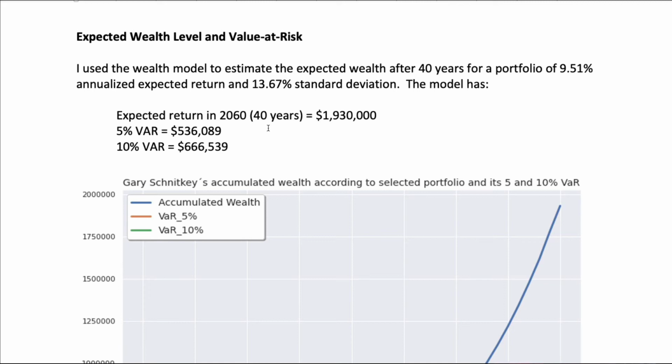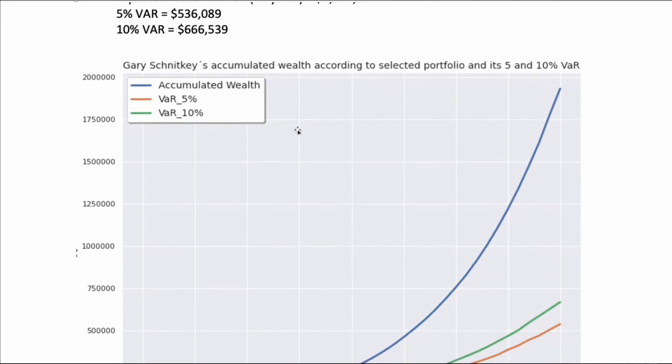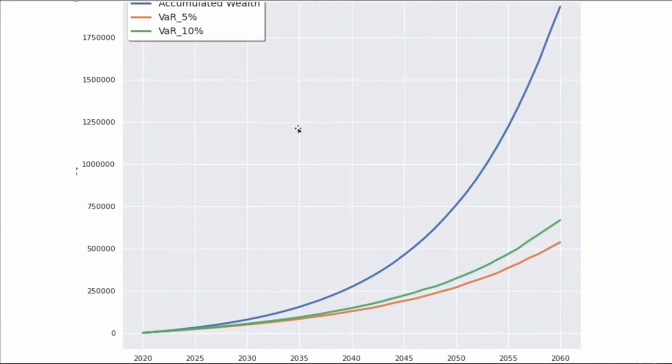So 5% of the time, you would expect wealth to be less than $536,000 in 40 years. You want that number to be as high as possible. If you can achieve this number and get this higher, that is a good thing. Again, give the graph of that so you can see that.